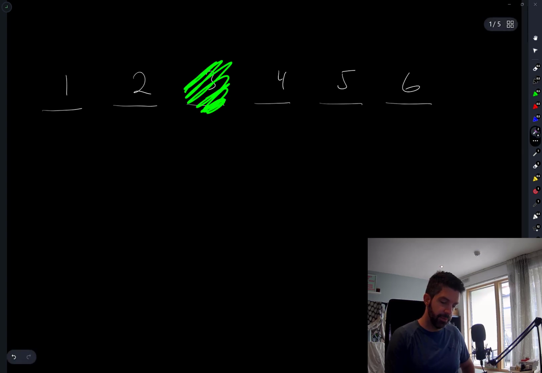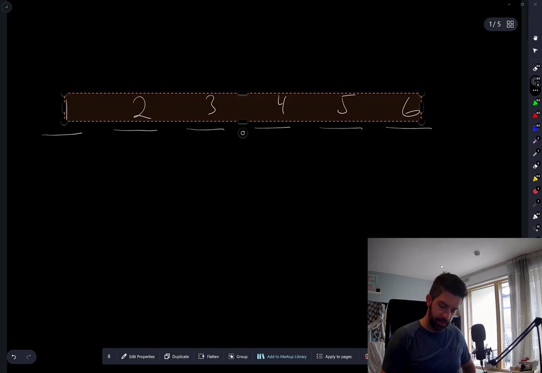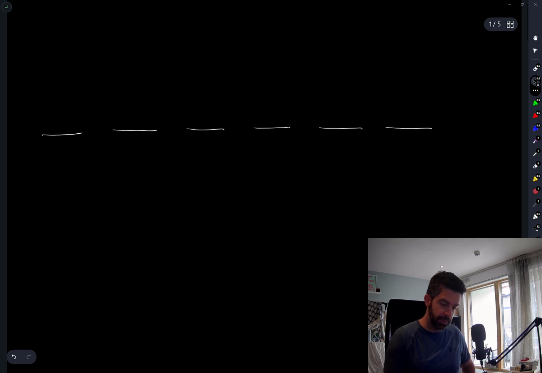Because, for example, if I just fill in the numbers 1, 2, 3, 4, 5, 6, I see that if I remove 3, that's in ascending order. But if I remove 5, it's also in ascending order, but it's the same sequence. So my first instinct here was to say, let's start by assuming that the number 1 is going to be removed.